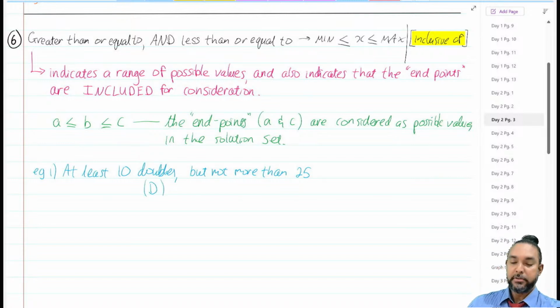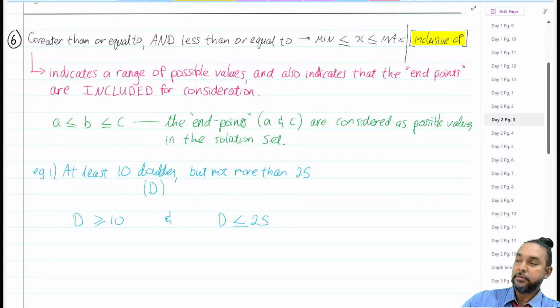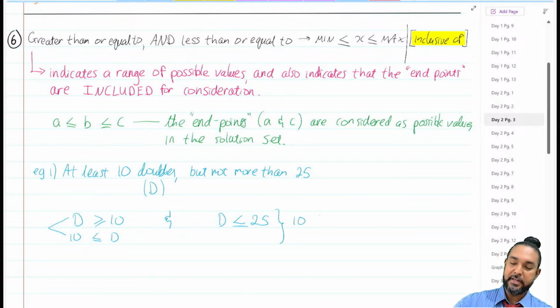At least 10 doubles means it could be greater than or equal to 10. Not more than 25 doubles means it has to be less than or equal to 25. So when you combine these two things, you get that 10 is less than or equal to D, the number of doubles, and less than or equal to 25.